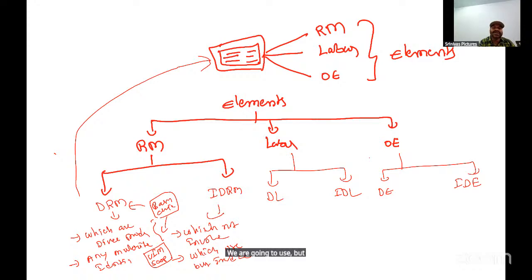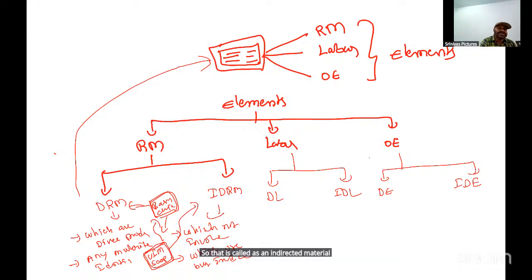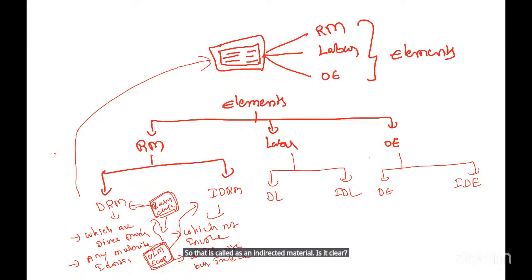This is also a cost we incur. So whatever items we use in the production are direct material. Whatever material is not part of production but we still spend on it is called indirect material. Is it clear? Yes, sir.